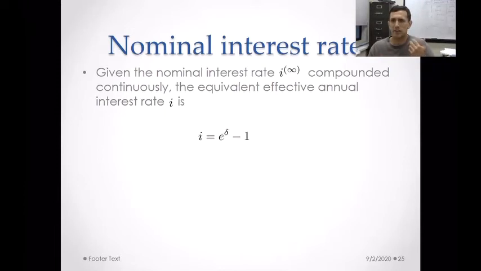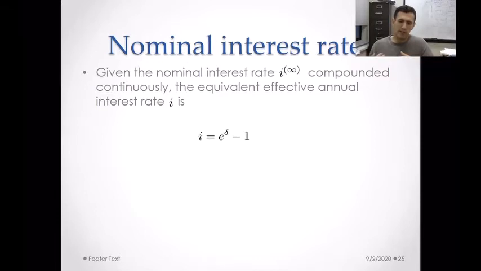And we say delta is the nominal interest compounded continuously because as m is larger and larger, you're compounding interest over a smaller and smaller time interval, and it's almost continuous.